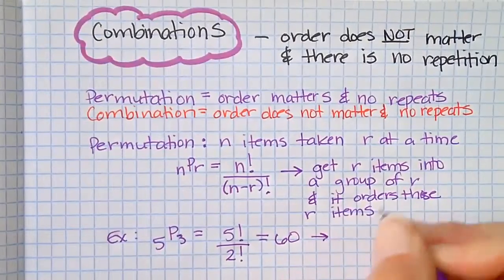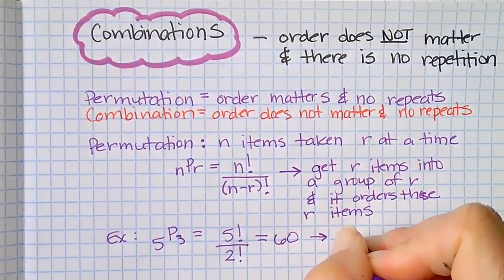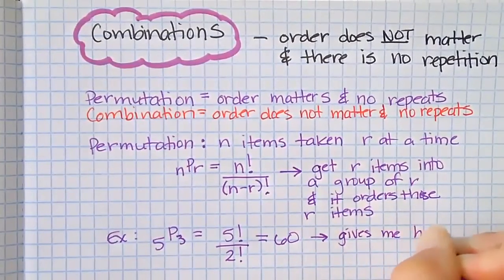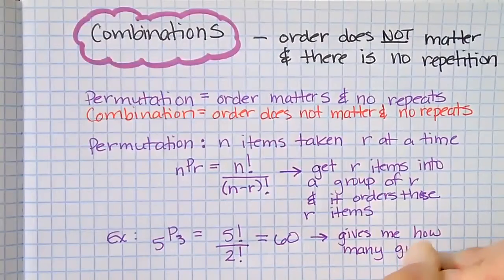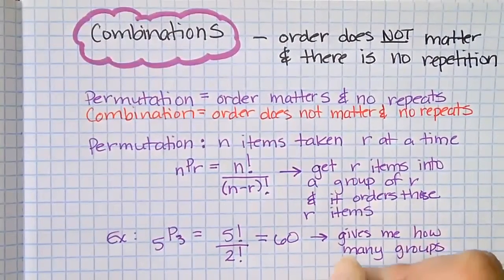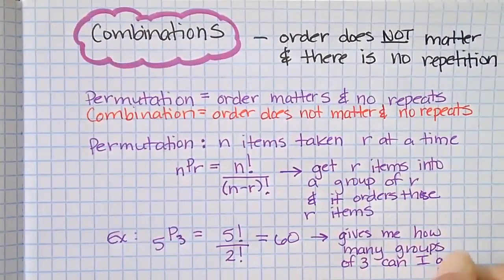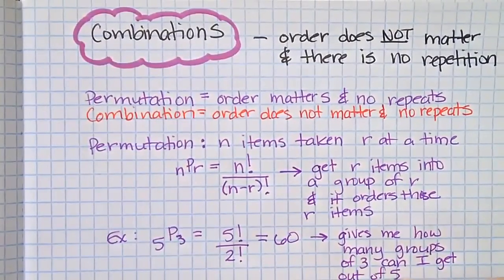And what this does is it gives me how many groups of 3 can I get out of 5 items.